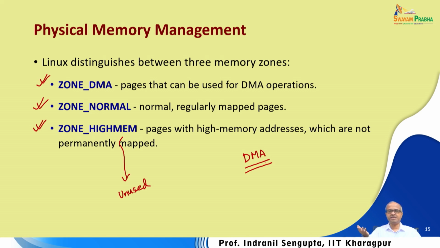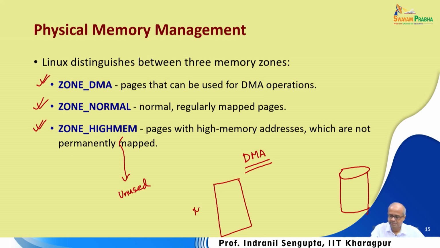Whenever you transfer data between disk and memory, suppose you have your disk here, this is your secondary memory, and you have your main memory here. In the middle there is something called a direct memory access controller. So, you can transfer a block from disk to memory or memory to disk.